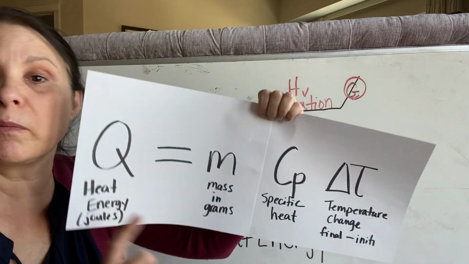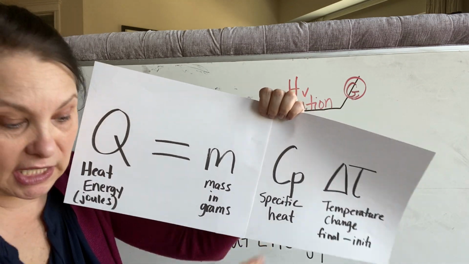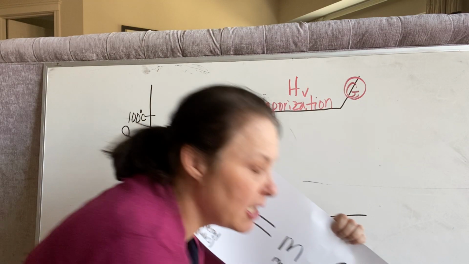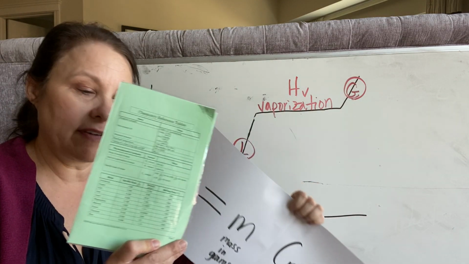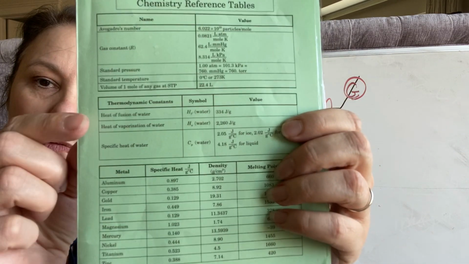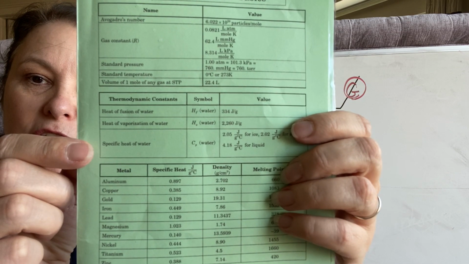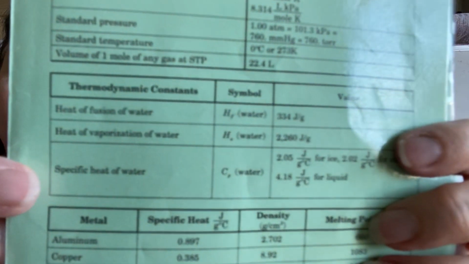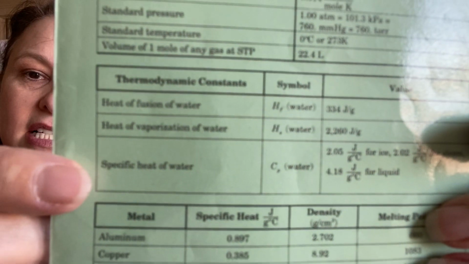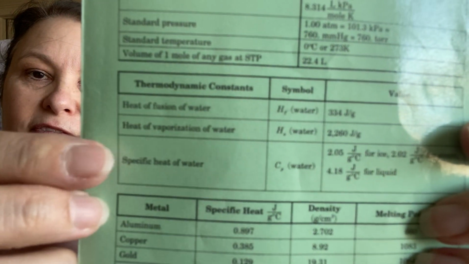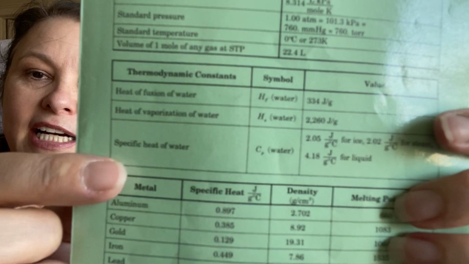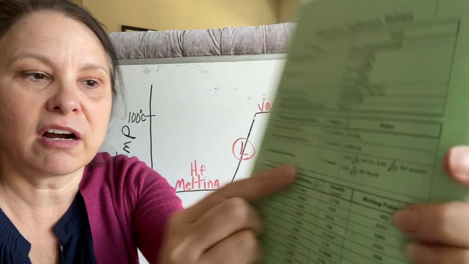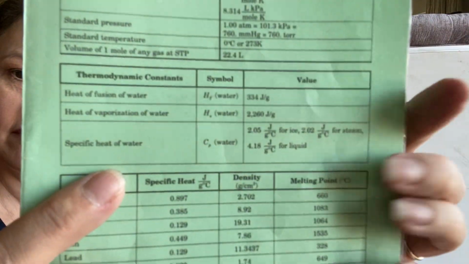Before I leave this formula, I want to go back to this specific heat real quick and show you where this can be found. If you look on your reference table, we'll talk about water first. So water, if you look right here, it says the specific heat of water, okay?